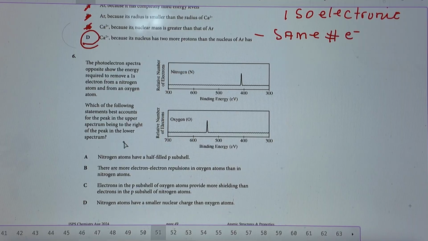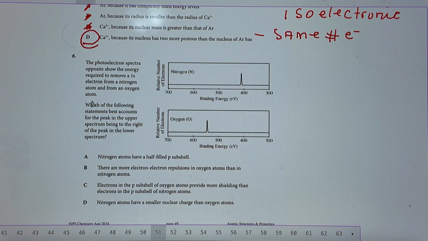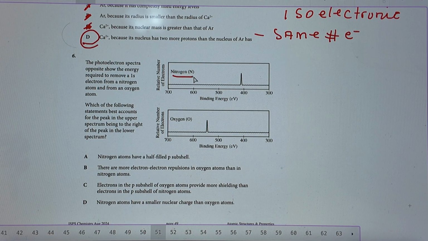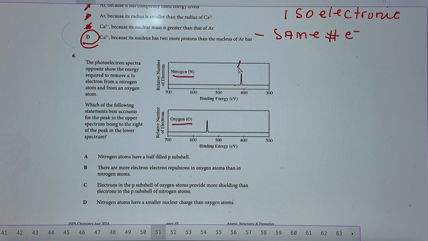Okay. The photoelectron spectra opposite show the energy required to remove a 1s electron from a nitrogen atom and from an oxygen atom. So this is nitrogen and this is oxygen. And so one shows about 400, right?